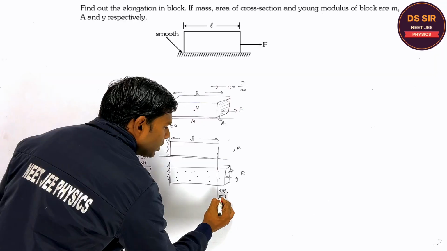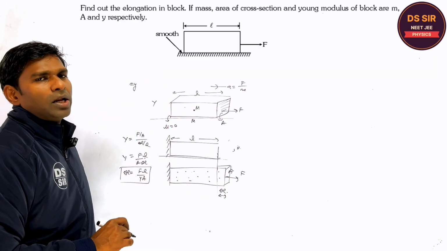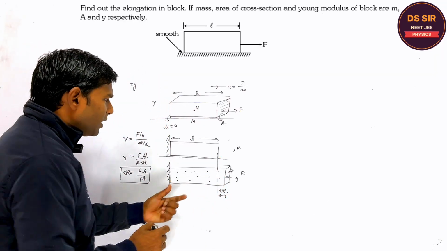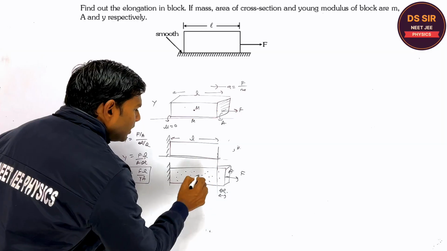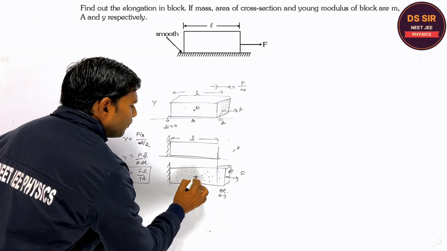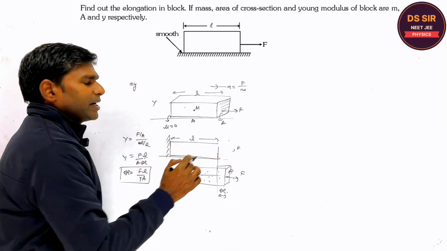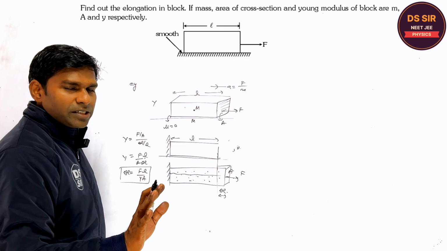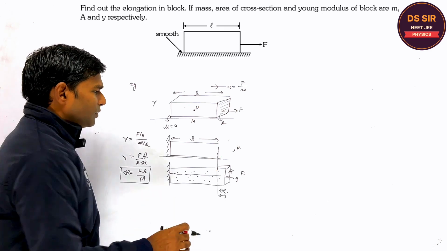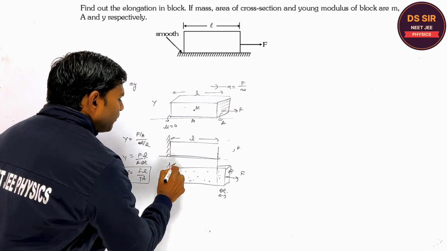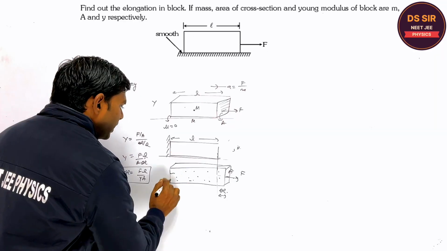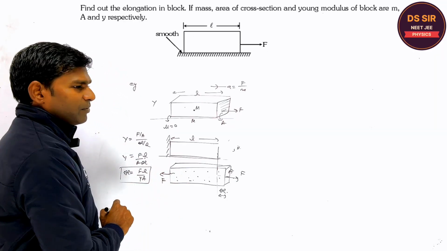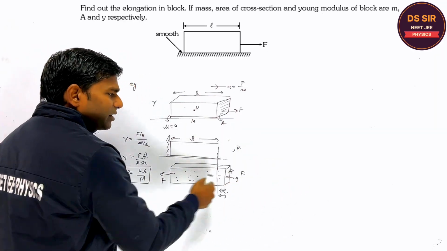So this is the elongation you can write. But here every point is under the same tension, same force, because they are connected in series. If you make the free body diagram, here will also be the force F. That is why it is at rest.